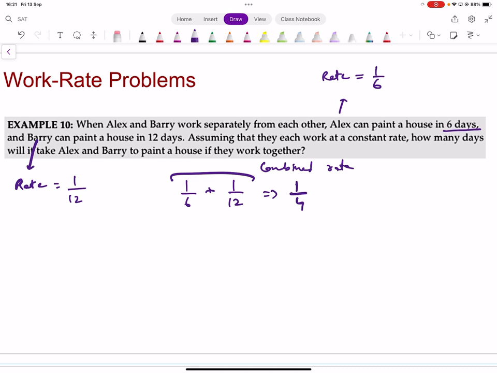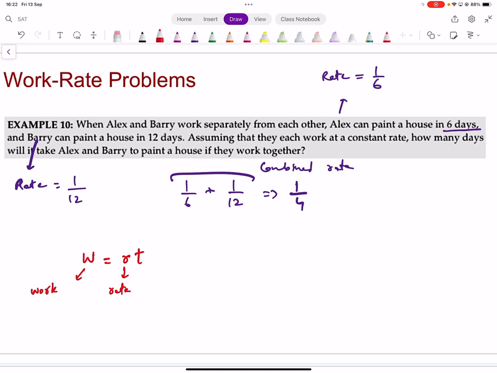Okay? So how many days can they paint a house now? 4 days, right? This is the formula that we have for work rate. W equals R times T, where W represents the work done.